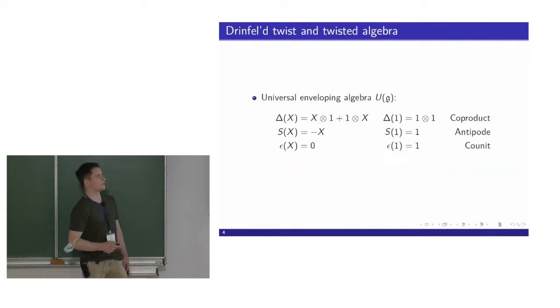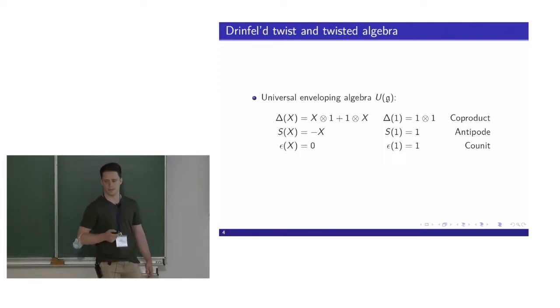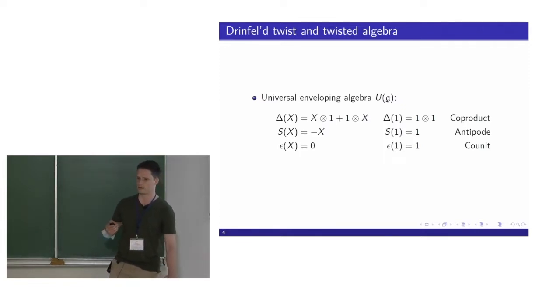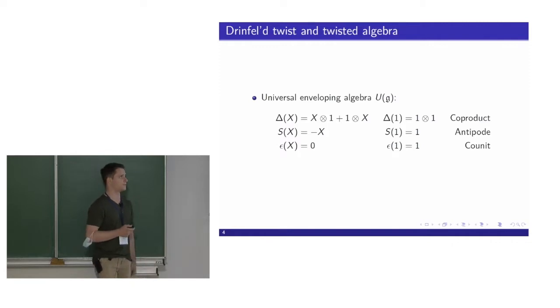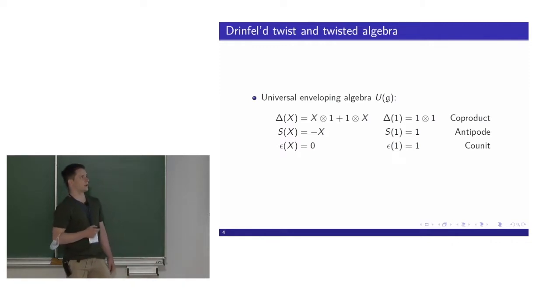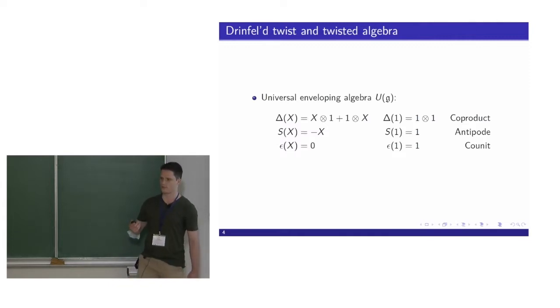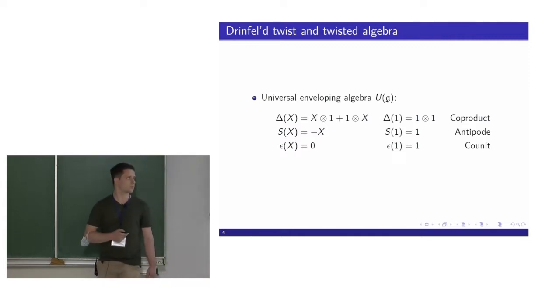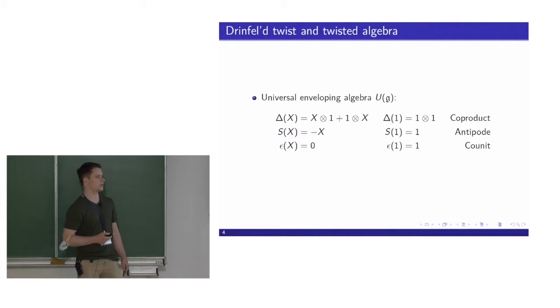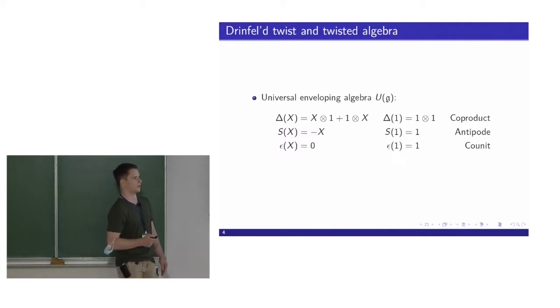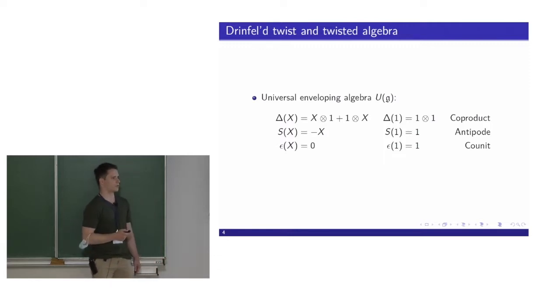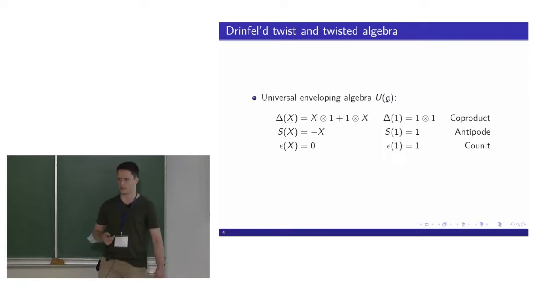As I told you, for me, these twists are somehow defining the deformation here. But to understand these twists, we first need to look at the Hopf algebra structure that we can define on a given Lie algebra. We take the universal enveloping algebra and equip it with the canonical coproduct structure, as well as the antipode and the co-unit, to obtain the Hopf algebra structure.